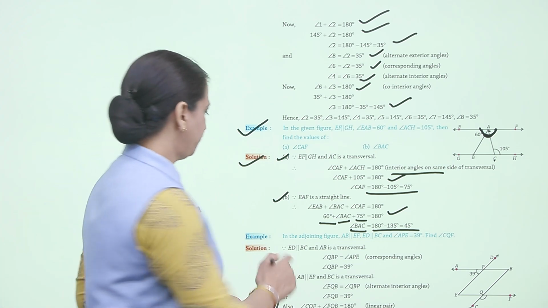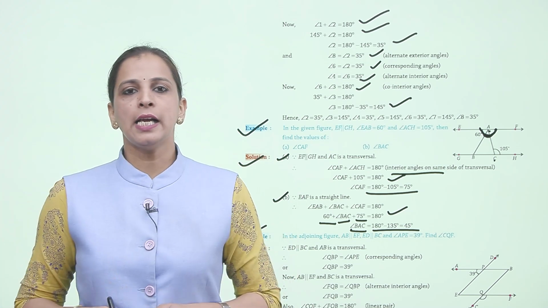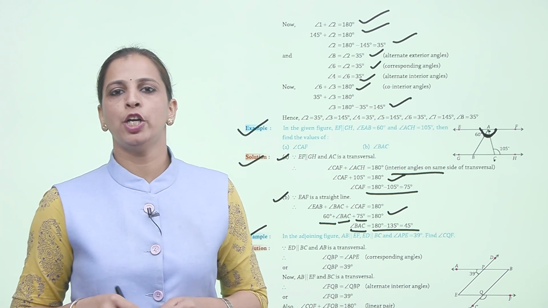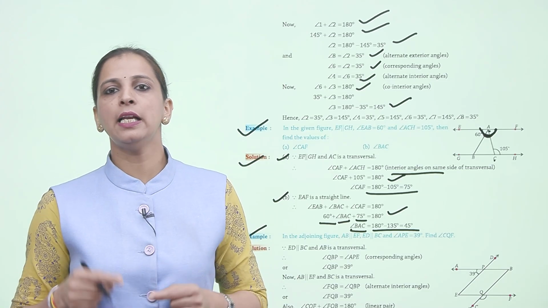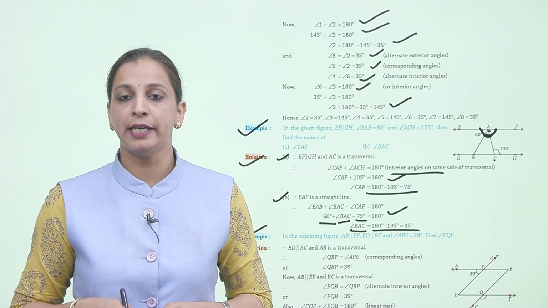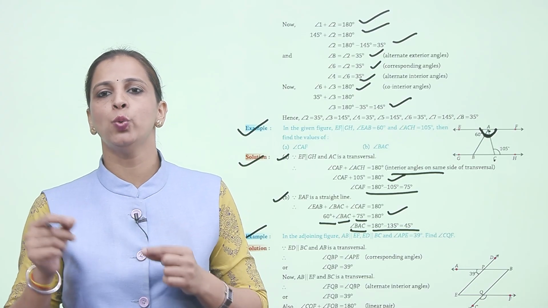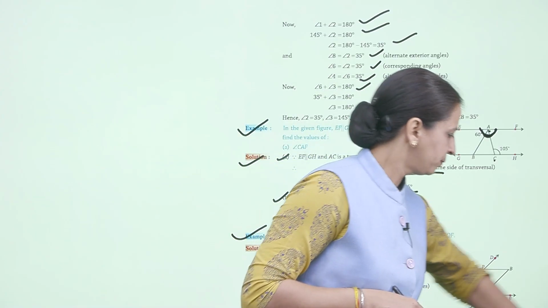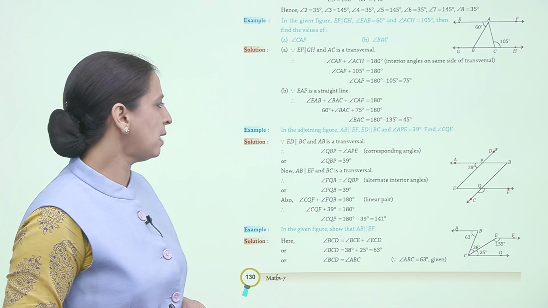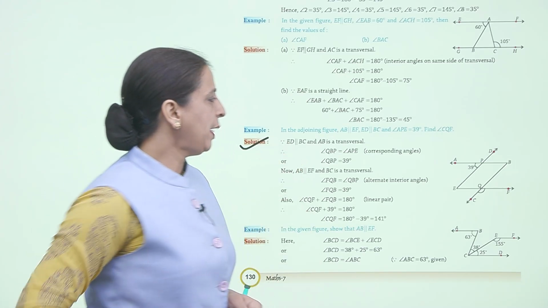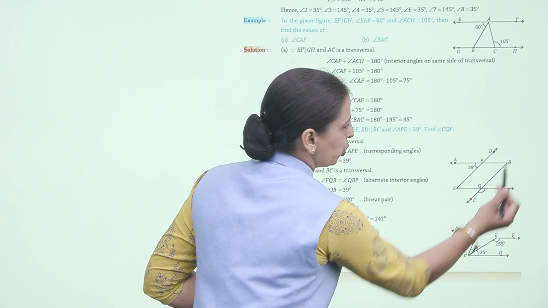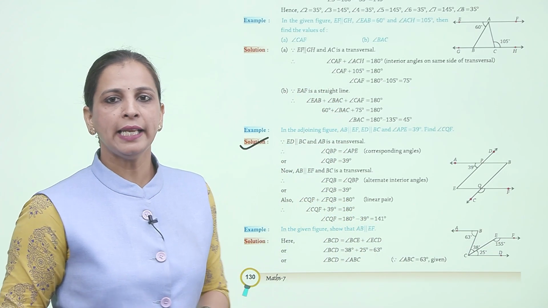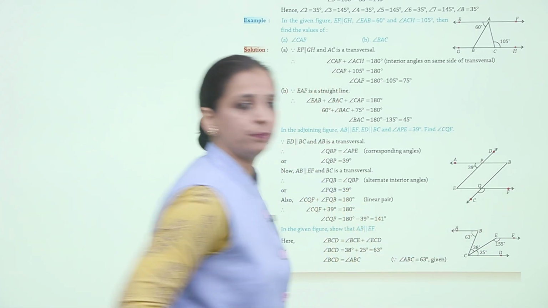Now next example. In the adjoining figure, AB is parallel to EF, ED is parallel to BC and angle APE is equal to 39 degrees. Find angle CQF. Let us solve this. ED is parallel to BC and AB is the transversal.